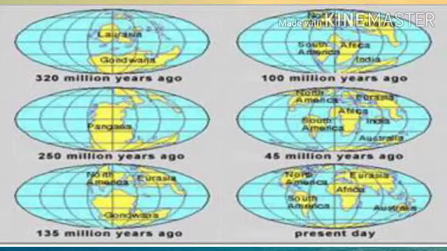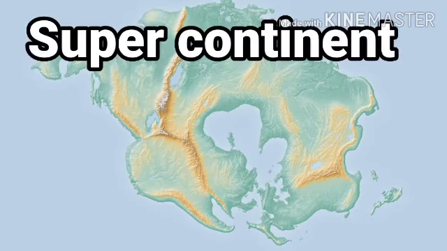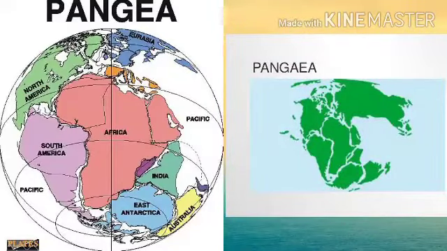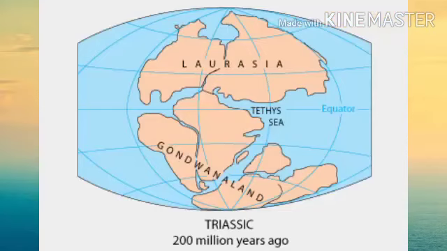About 250 million years ago, long after the earth had formed, all the continents of the time had joined together to form a supercontinent called Pangaea. This supercontinent broke up about 200 million years ago to form two giant continents, Gondwana and Laurasia.